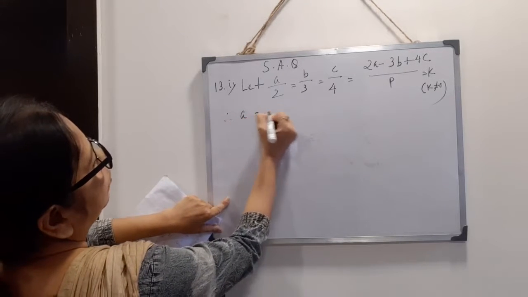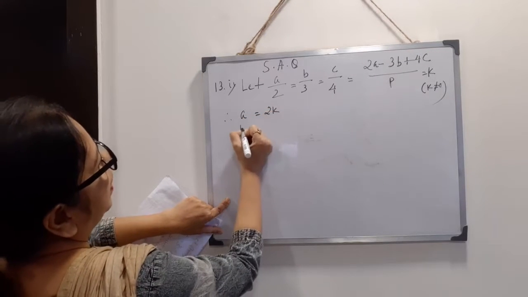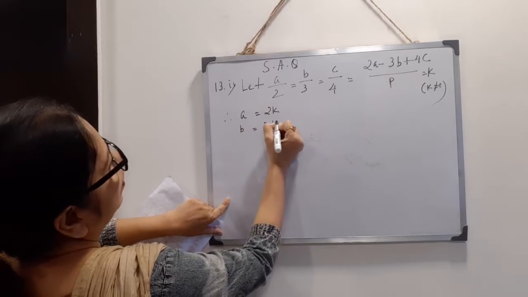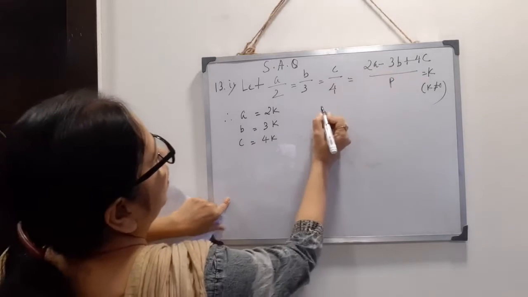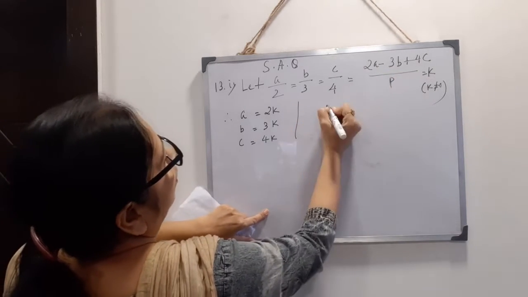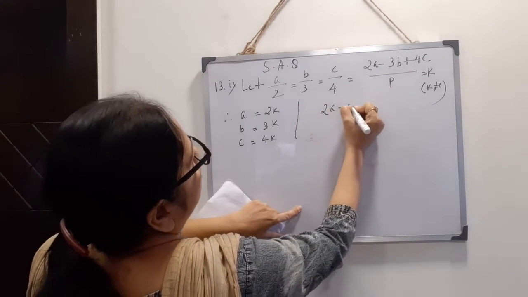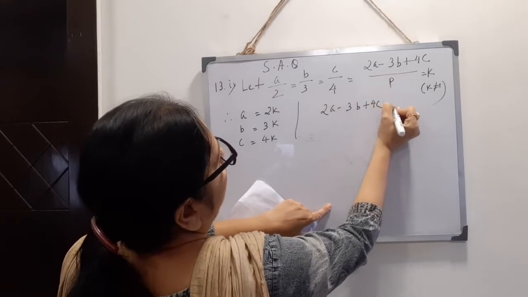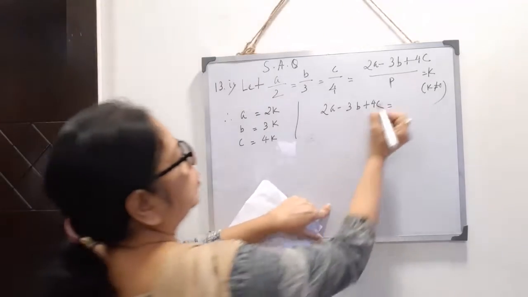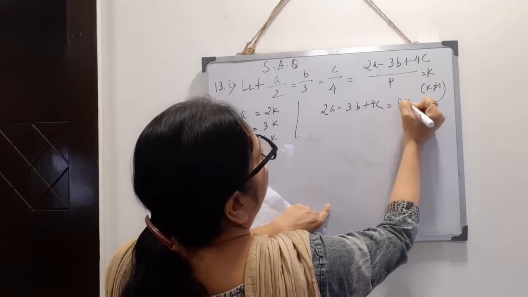We can write a equals 2k, b equals 3k, c equals 4k, and from here 2a minus 3b plus 4c, denominator was p, so this equals pk.